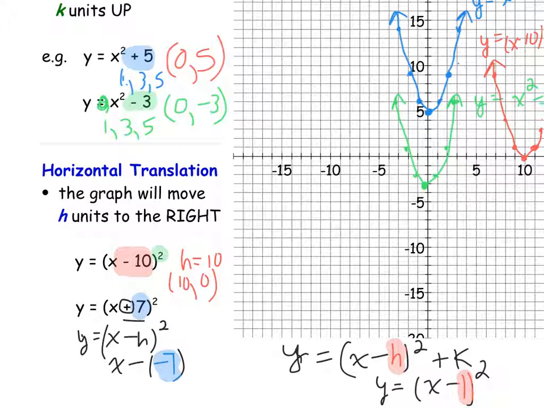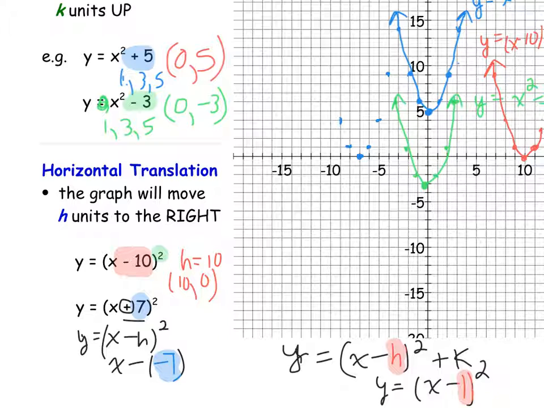And so when I plot my graph, I'm going to start 7 units to the left and then go from there. So over 1, up 1, over 1, up 1, over 1, up 1, 2, 3, and so on and so forth with my 5.